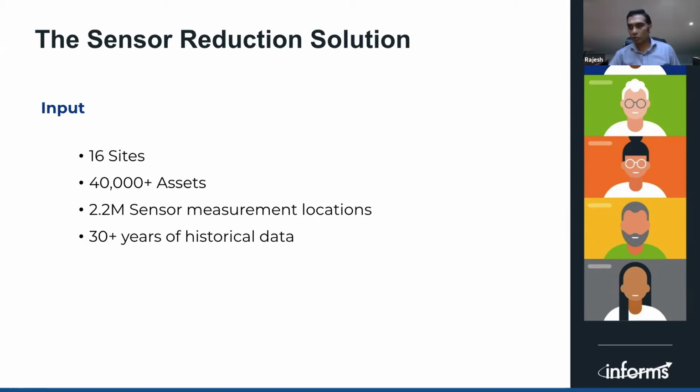We cannot group sensors which are not adjacent to each other into the same group, as that is not part of the requirement. So we got the sensors, their placement locations, and their historical readings for 30 years, and we are expected to analyze and find out which sensors are redundant.